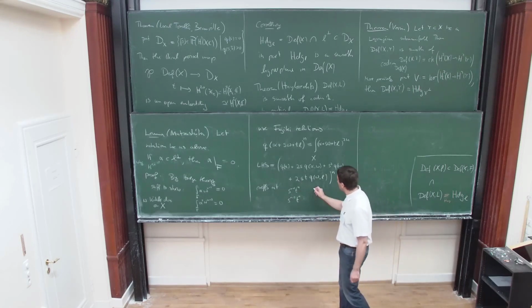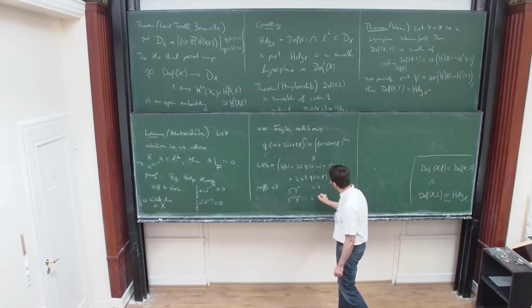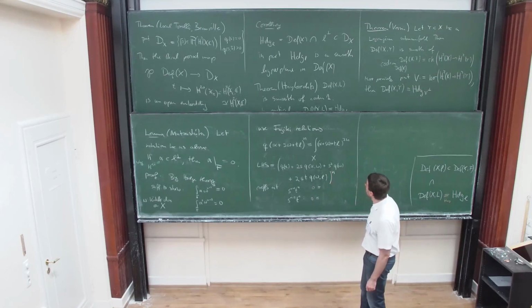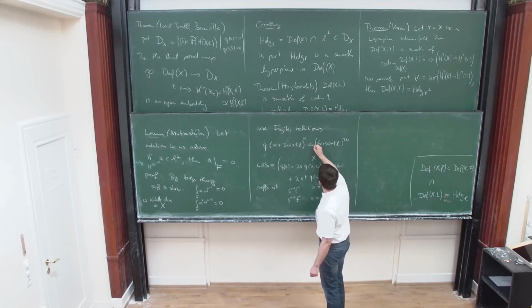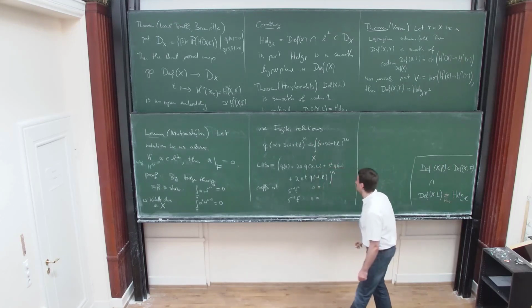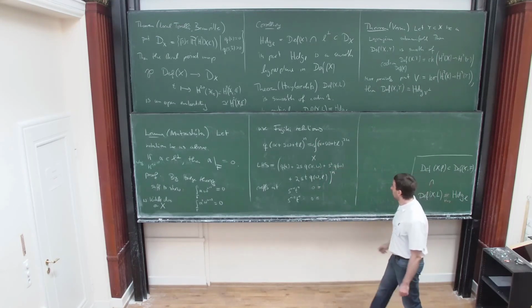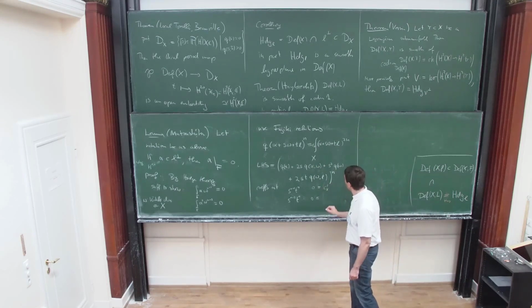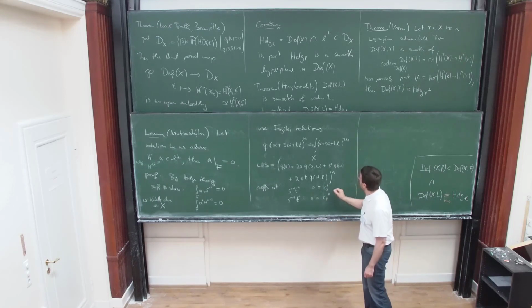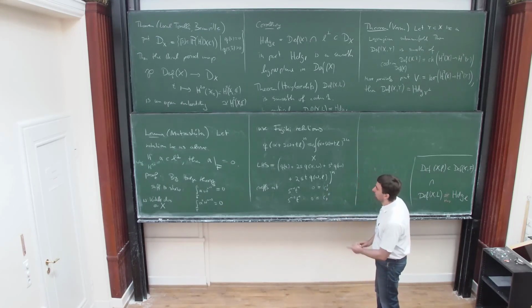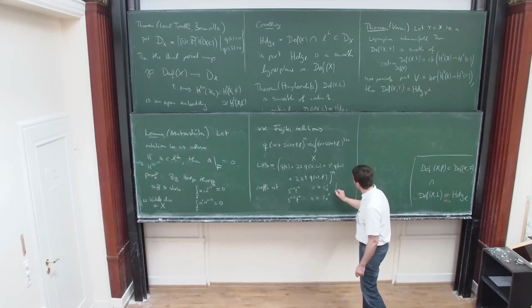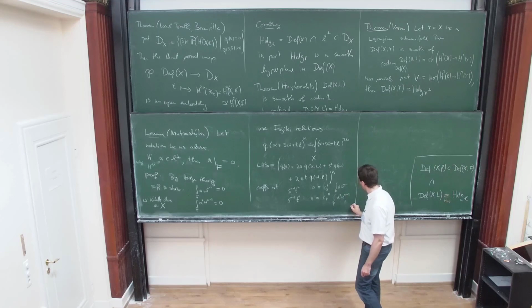So the left-hand side is always 0, and the right-hand side is, oh sorry, I forgot, here of course there is some constant, the Fujiki constant, and then there is some other constant, and then we actually get what we want, namely the integral over the fiber of alpha times omega to the n minus 1, and the integral over the fiber of alpha squared times omega to the n minus 2.